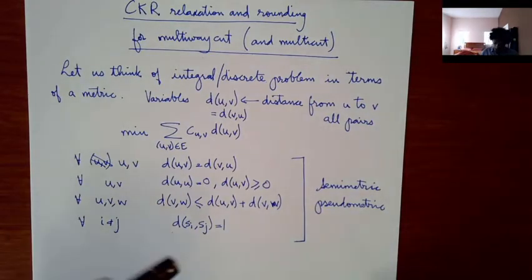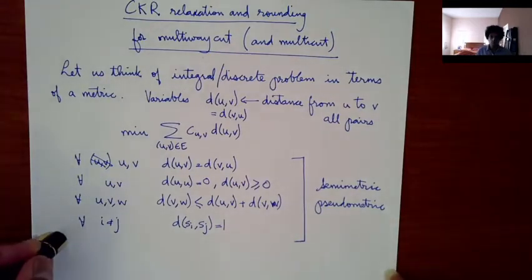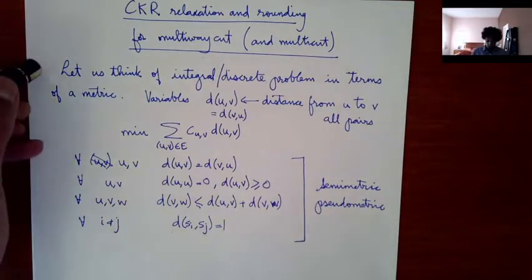Now, one thing one can see is that if we enforce all distances to be either 0 or 1, then this just becomes the IP, or the standard problem.